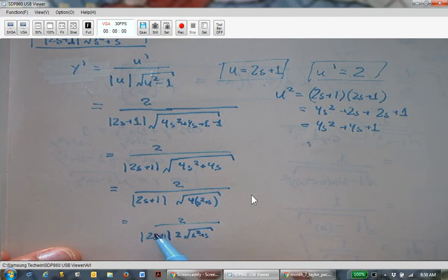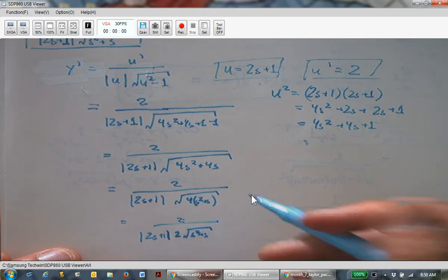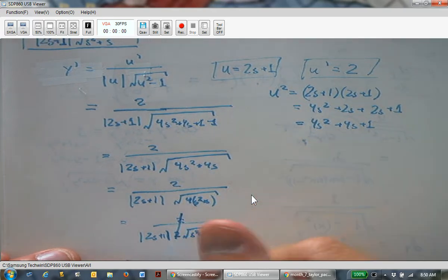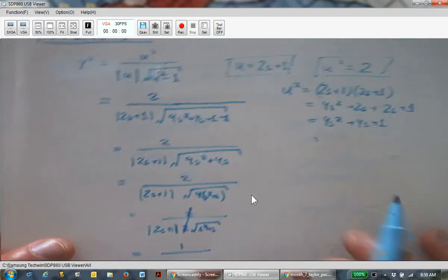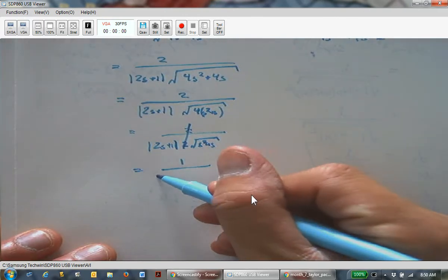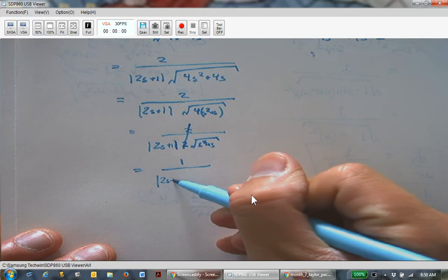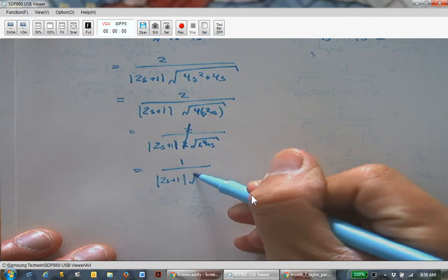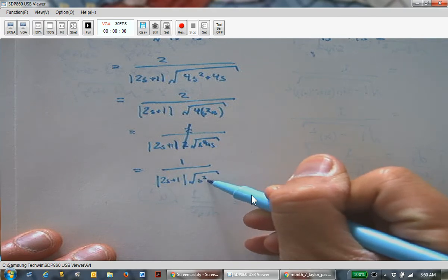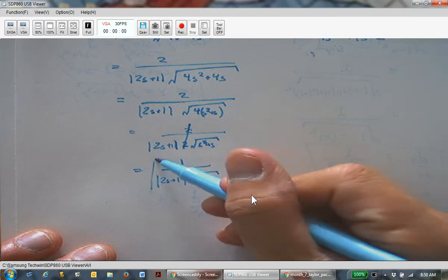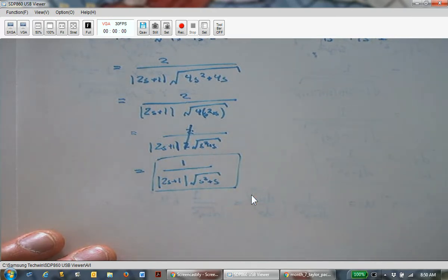Please note that this expression and this expression are multiplied to each other, making the 2 and the 2 viable to cancel out. So now you have 1 over the absolute value of 2s plus 1 times the square root of s squared plus s. That is your final simplified answer.